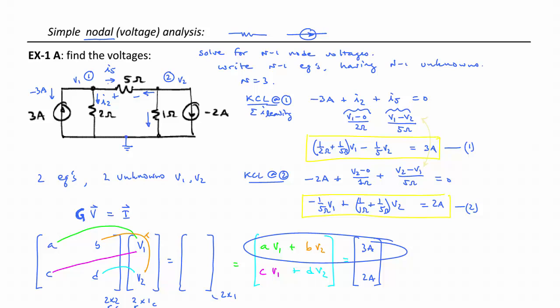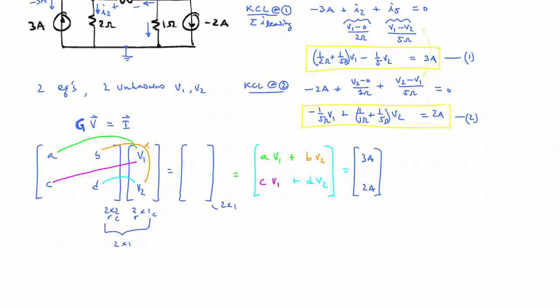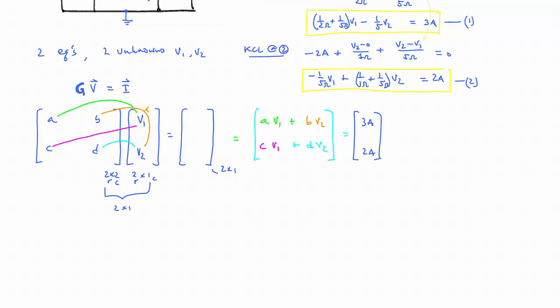Let me clean all this off. Okay, and let's go down and rewrite this as a final step. So what we'll have is A is going to be 1/2 plus 1/5. B is going to be minus 1/5. C is going to be minus 1/5. So here, they're coming from here, from here, from here, and then, oops, not that one.